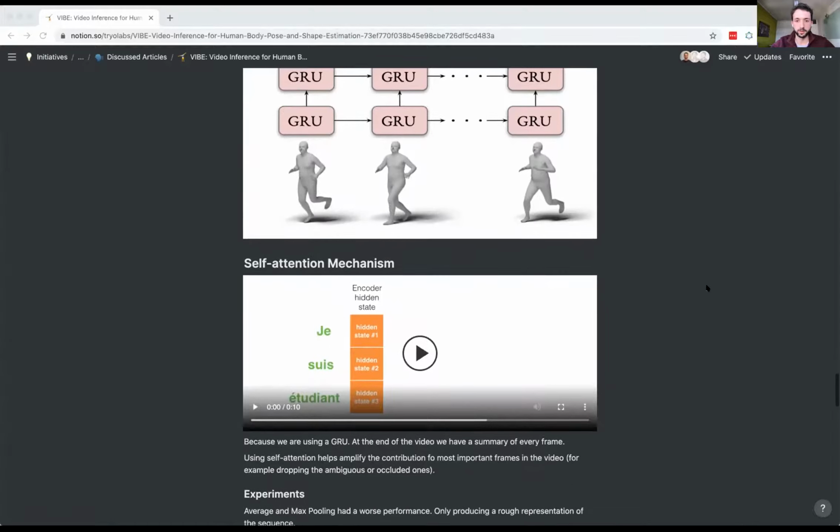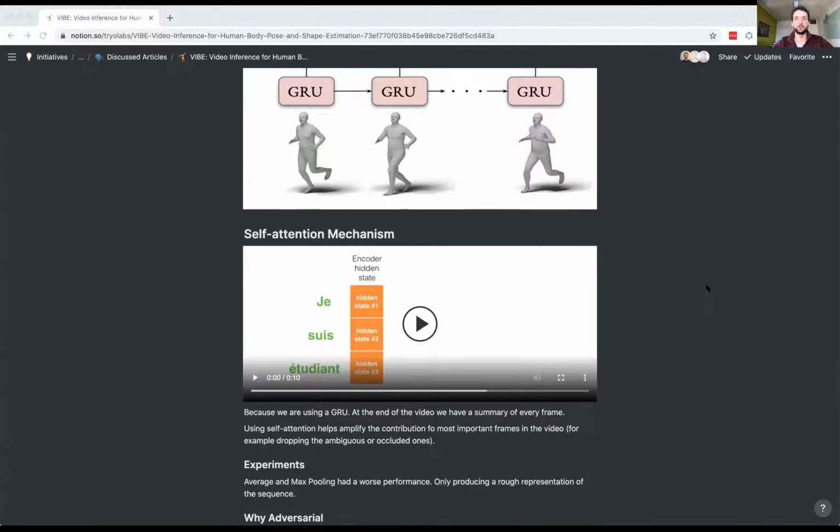But they wanted to give weights to frames that have more importance in the middle of the video and not only have the last one. So you want to have, again, that human motion and evaluate over all of that.